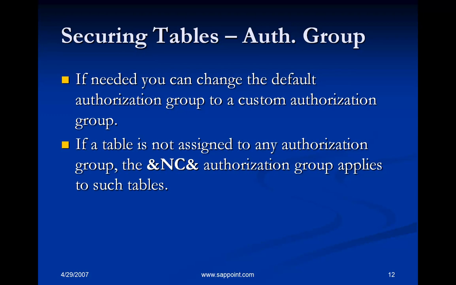Now, the authorization group concept has a loophole, which is the tables which are not assigned to any authorization group. The users still have access to such tables, and such tables are considered to be belonging to the authorization group &NC&.